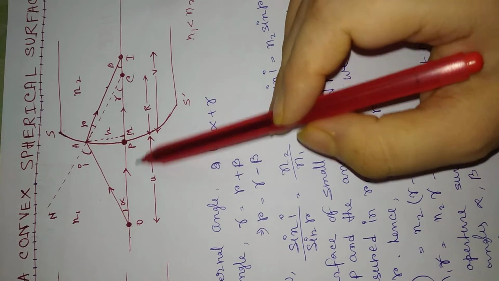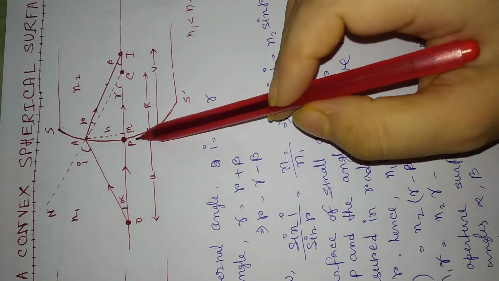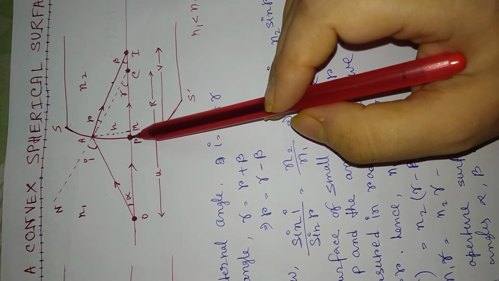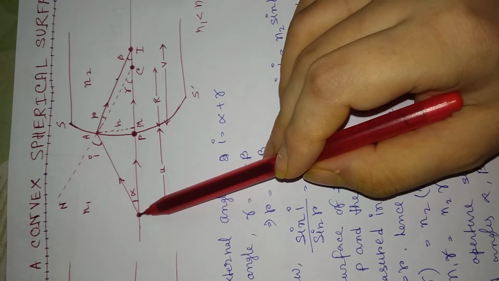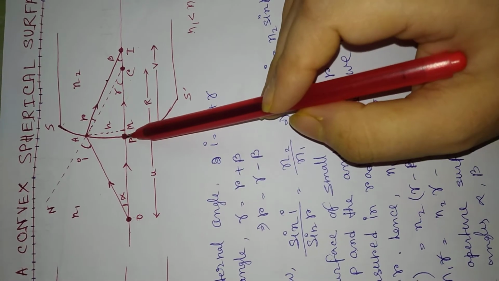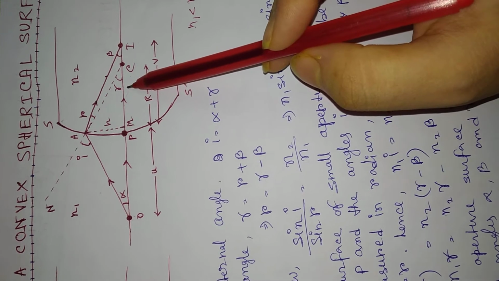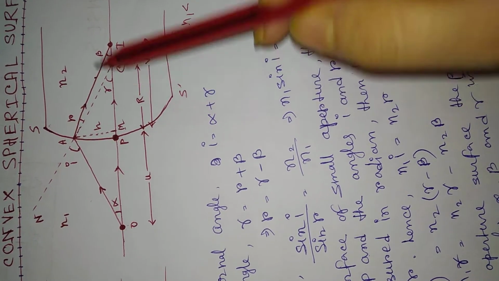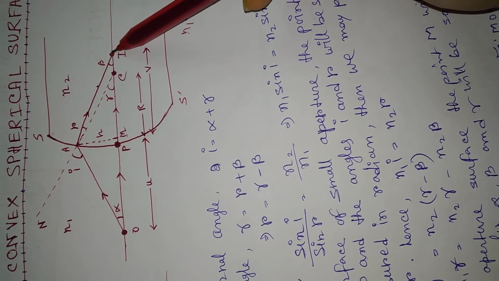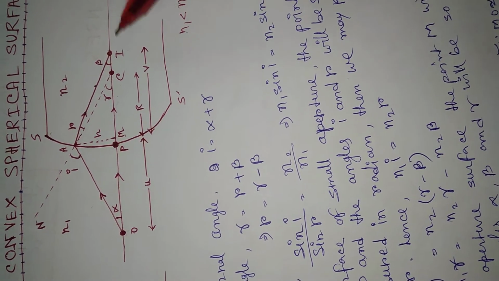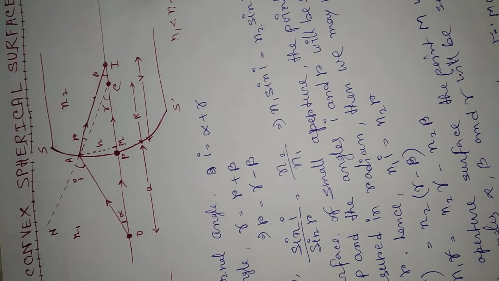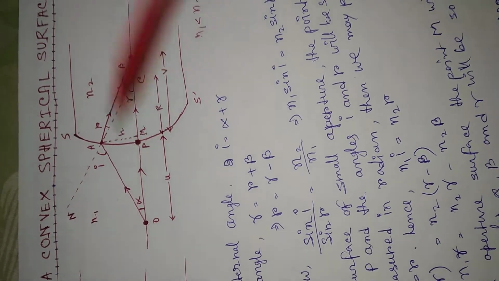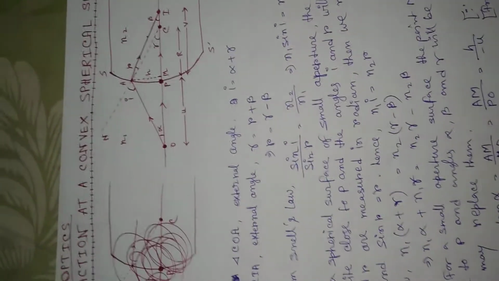That means we can say that OP is normal at point P. That's why this ray after refraction does not change its original path, and these two refracted rays meet at point I. So we can say that I is the real image of object O.